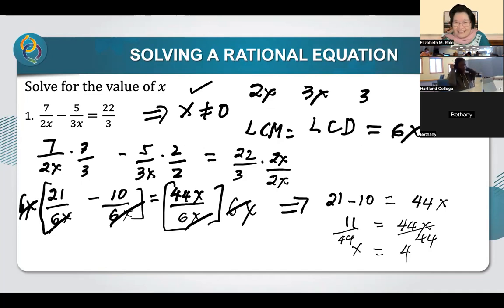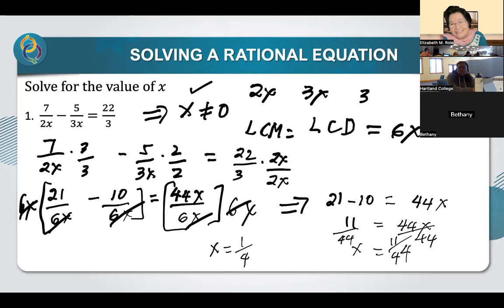It's 11 over 44. Then just simplify it, right? 11 over 44, you can divide 11 by 11. So it's not 4. It should be 1/4. Yes, it's 1/4, not 4.